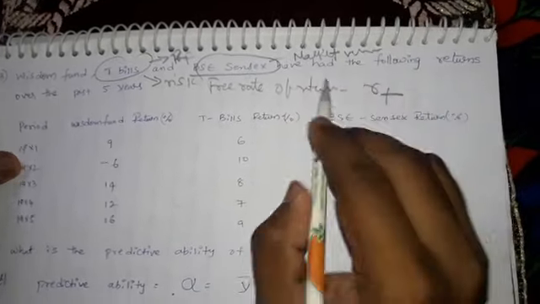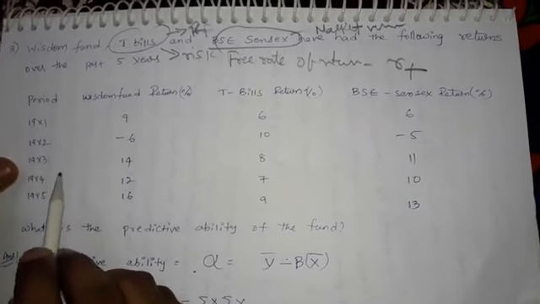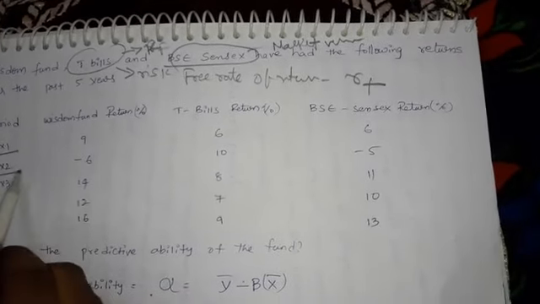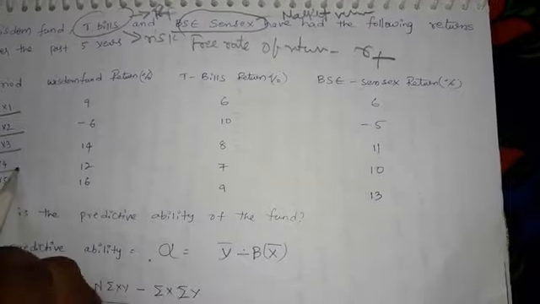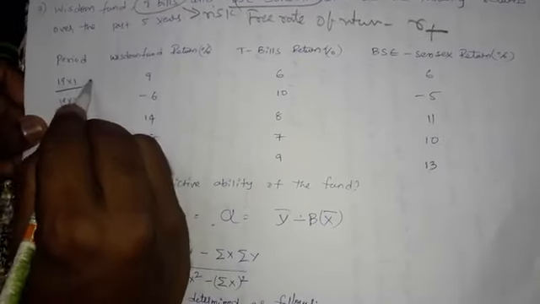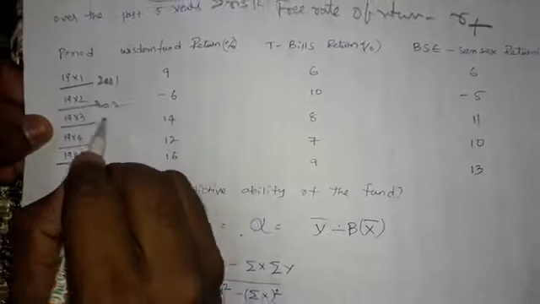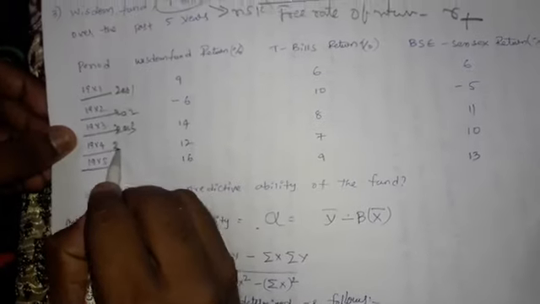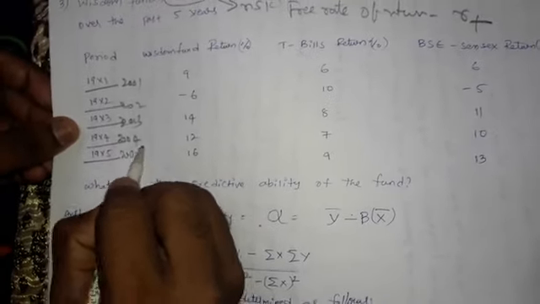BSE Sensex is nothing but the market value. Here the past 5 years are given, in the form of 19 into 1, 19 into 2, 19 into 3, 19 into 4, 19 into 5, or else it might be 2001, 2002, 2003, 2004, 2005.